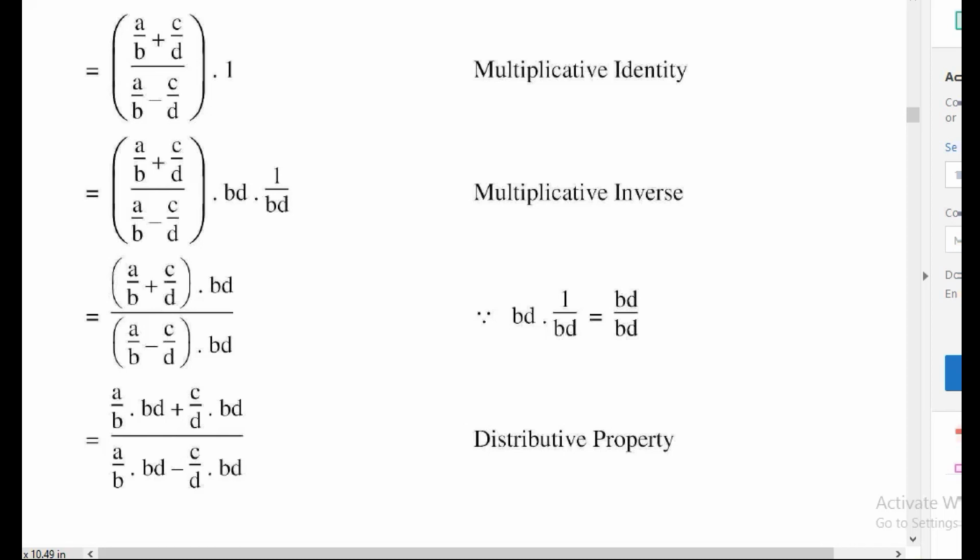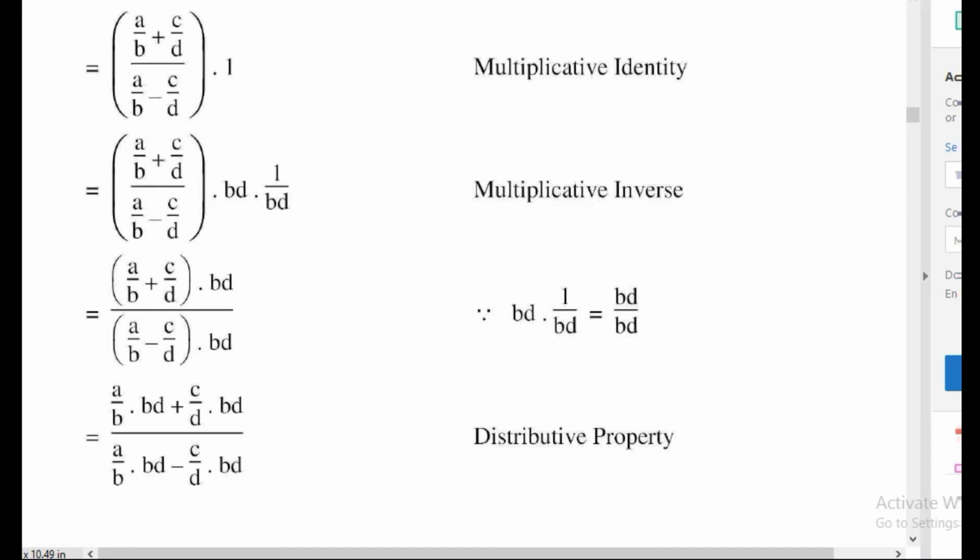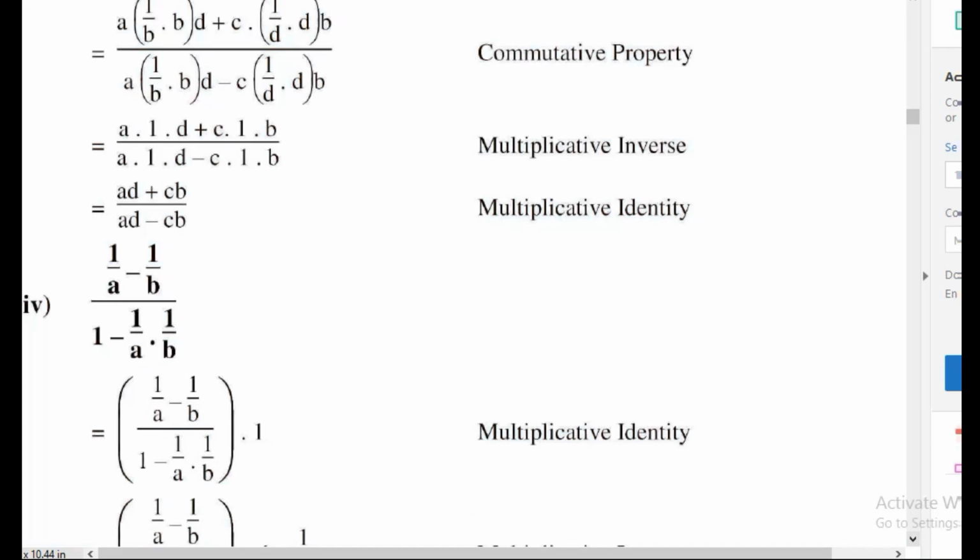So 1/b dot b into ad plus c times 1/d dot d into b, divided by a into 1/d. d is the multiplicative inverse of 1/d, and b is the multiplicative inverse of 1/b. So it equals 1 dot ad plus c dot b, divided by a dot 1 into d minus c dot 1 into b.